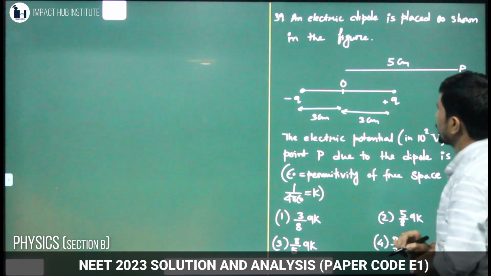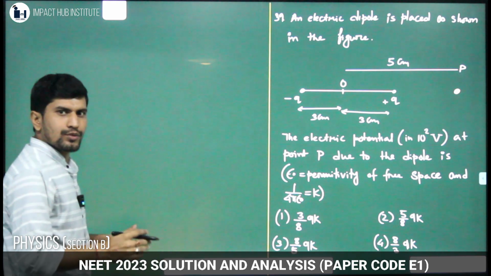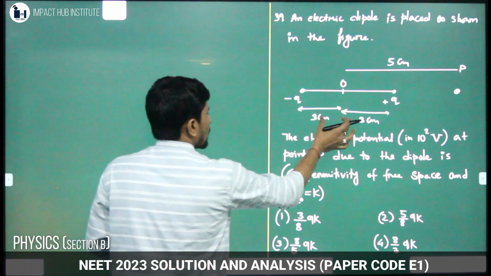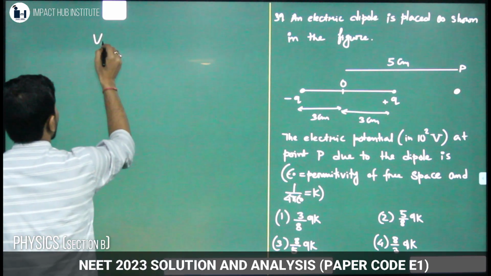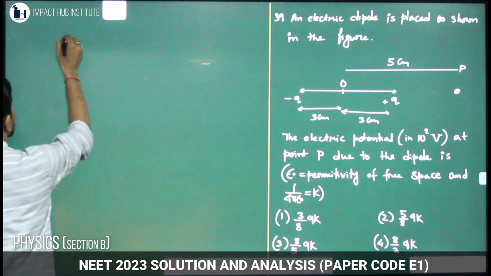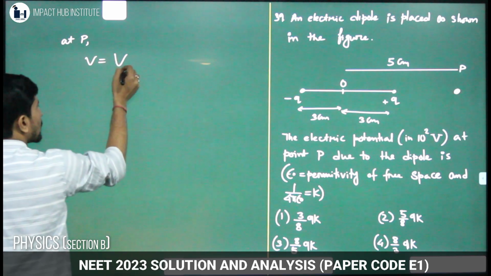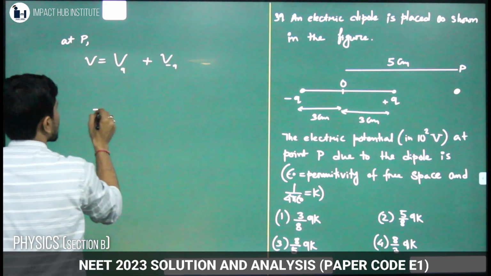P. Now the electrostatic potential at point P will be calculated using the superposition principle, because the dipole length is comparable with the distance. Therefore the potential at P is given by the potential contributed by the plus charge and the potential contributed by the minus charge.